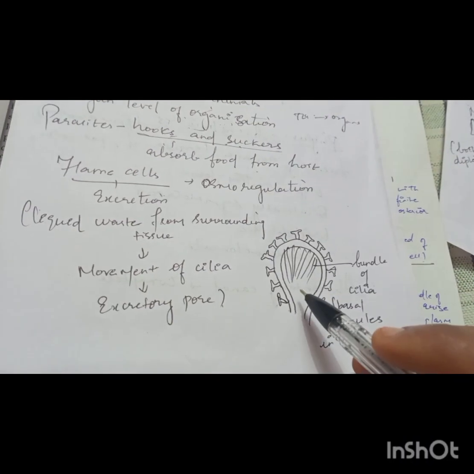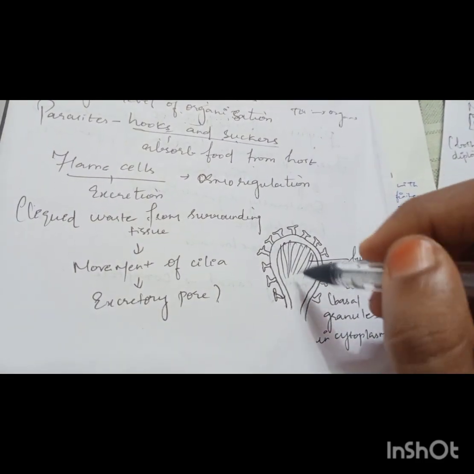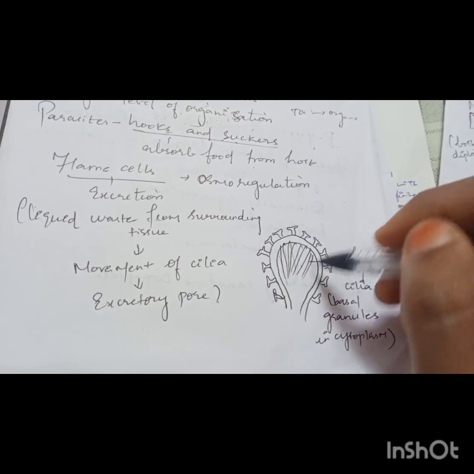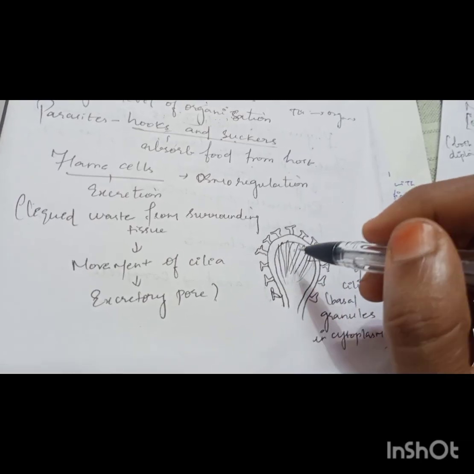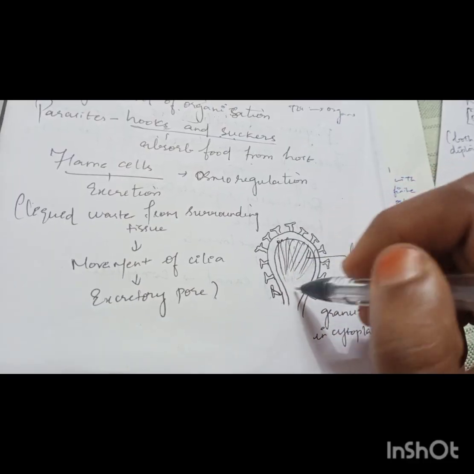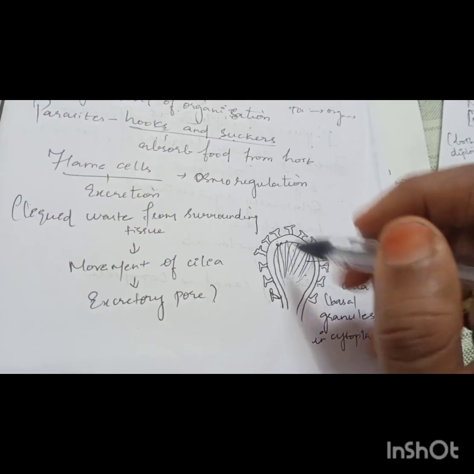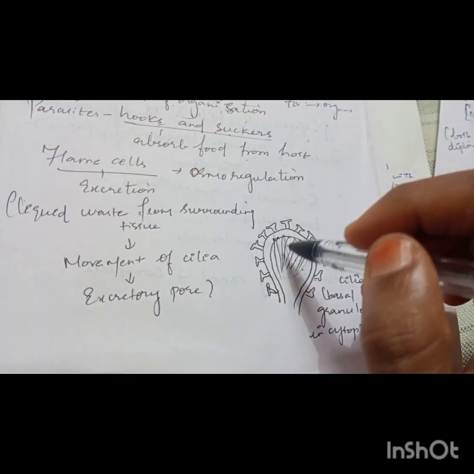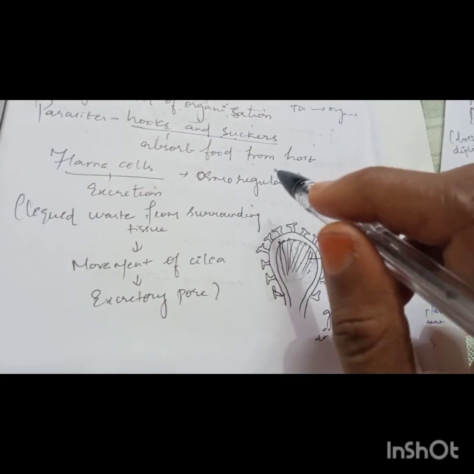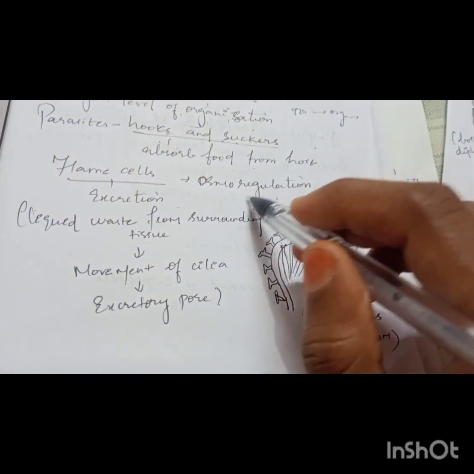These organisms have some kind of cells in which bundles of cilia are directed inward from the basal granules in the cytoplasm. When we look, it looks like a flame. Hence these are known as flame cells. They got their name because of this arrangement of cilia which looks like a flame, and these help in osmoregulation and excretion.